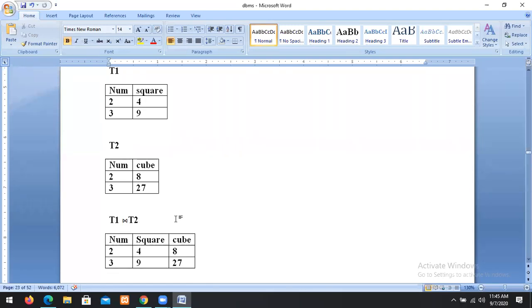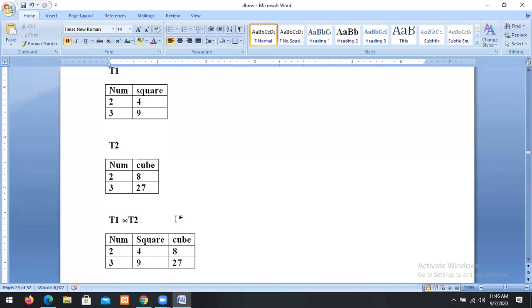What is inner join? What is join? Joins are used to retrieve data from multiple tables. Suppose we want to retrieve data from multiple tables, we use joins. There are two types of joins, inner join and outer join.